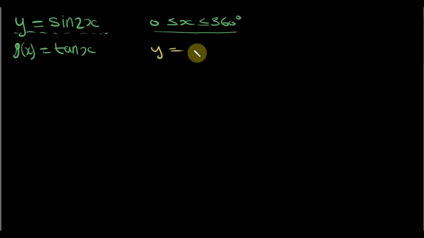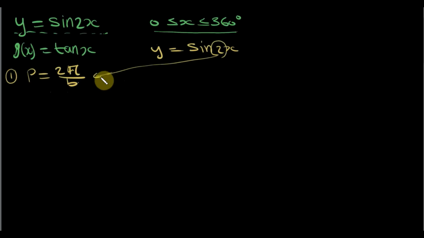Let's plot y is equal to sine 2x. Before that, let's find the period. The formula for the period is 2 pi over b, where b represents the coefficient of x in the trig function.